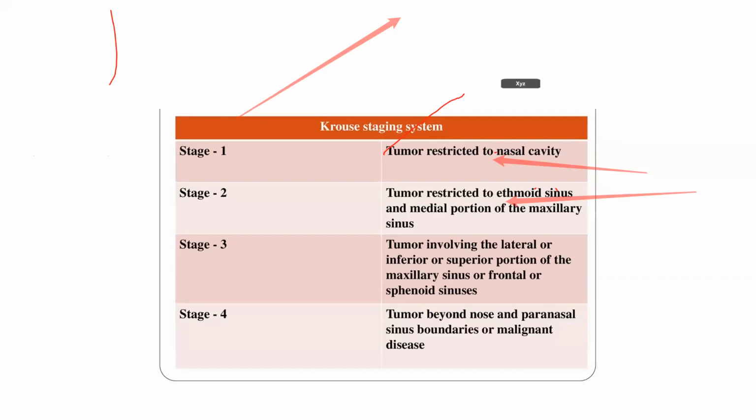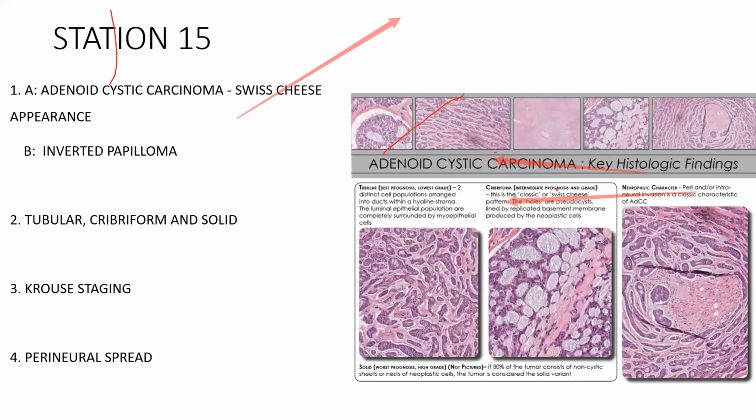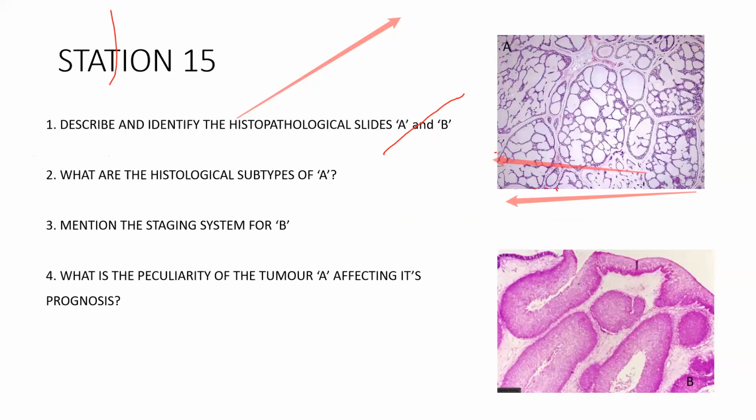And whenever you are getting a question on inverted papilloma, you should know the classical MRI finding in inverted papilloma and the reason for that particular finding. You should also know the different types of endoscopic medial maxillectomy.